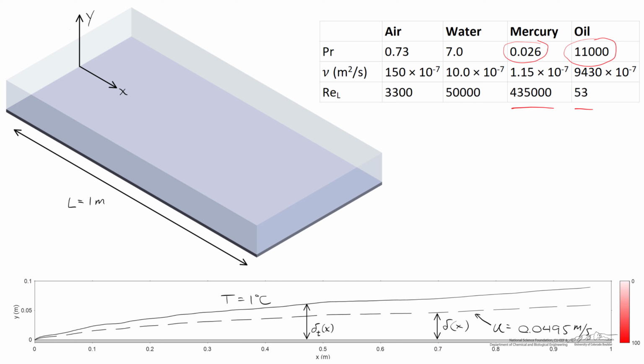So do keep in mind how they will impact the relative thickness of the thermal and momentum boundary layers. Because we're holding the speed of the fluid and the length of the plates constant, the Reynolds number scales with the kinematic viscosity. Fluids with a very large kinematic viscosity, like oil, will have small Reynolds numbers. Conversely, fluids with small kinematic viscosity will exhibit a large Reynolds number.